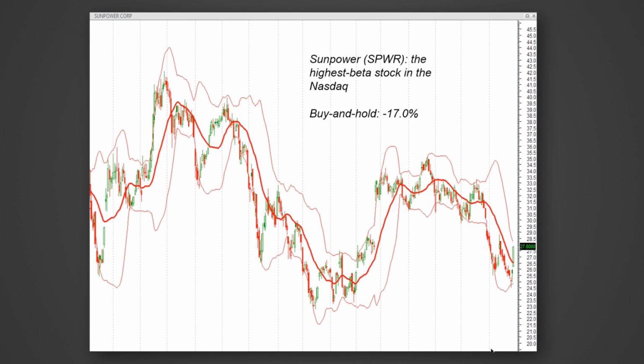Solar's been beaten down for several reasons. China problems, tariff problems, and other things. But it seems to be making a comeback, at least as of today. SunPower, the most volatile stock trading on the market today, U.S. stock, above $10 per share, because you're going to get a lot higher volatility when you start looking at penny stocks, right?